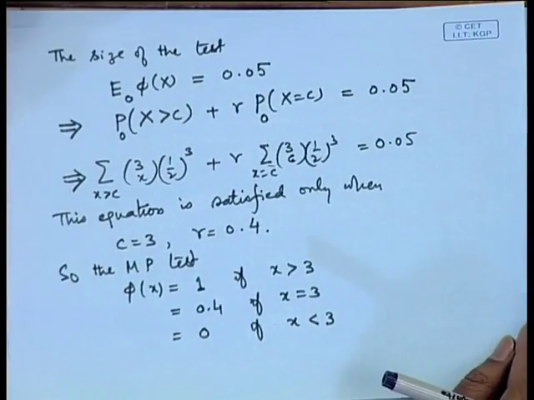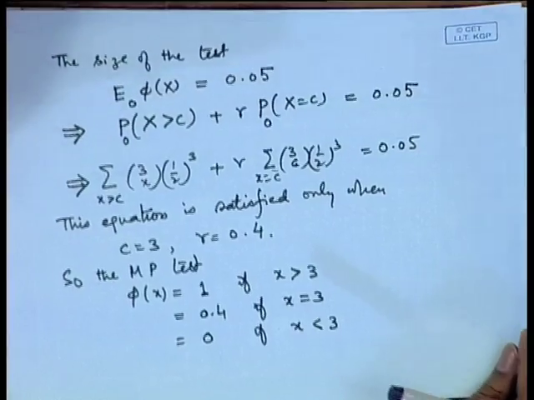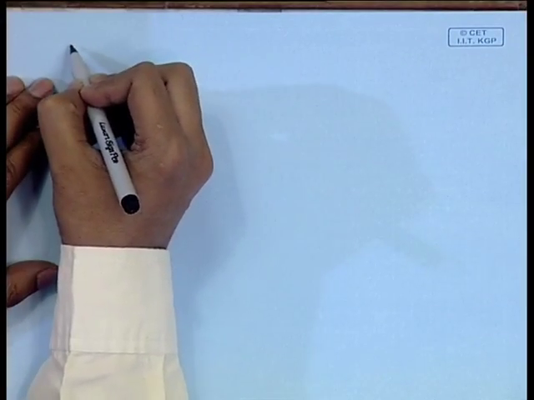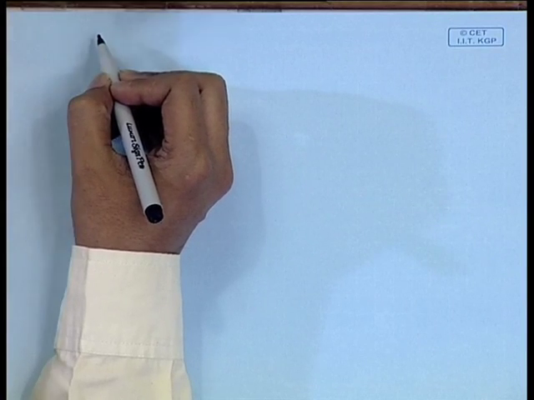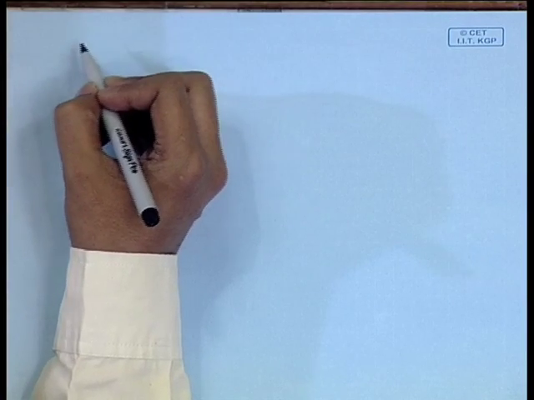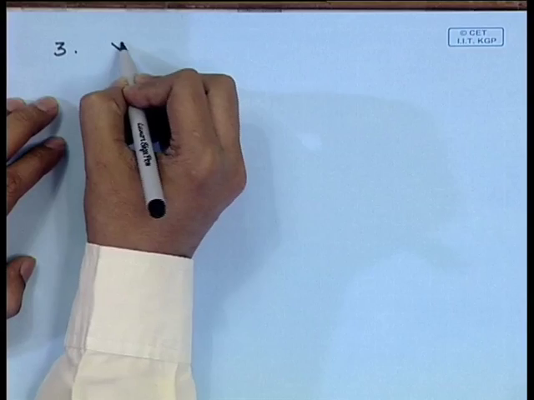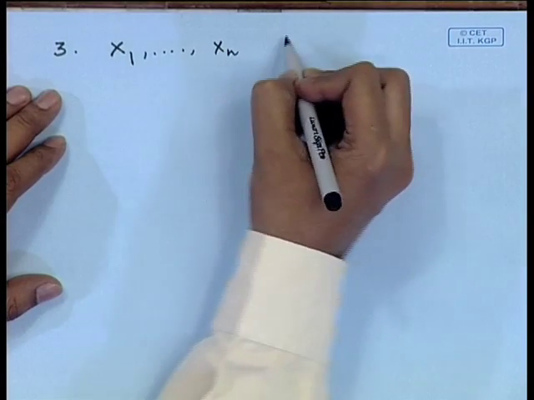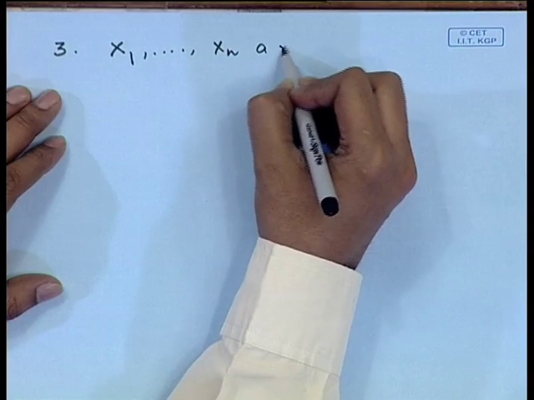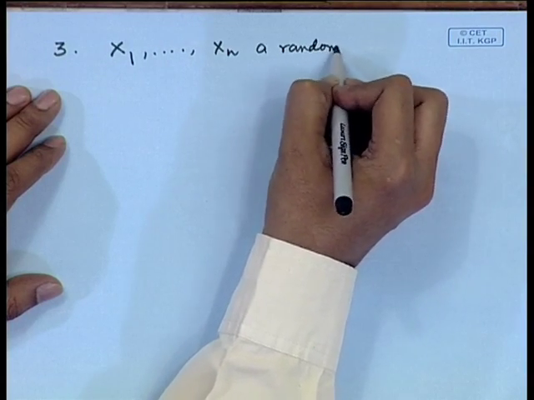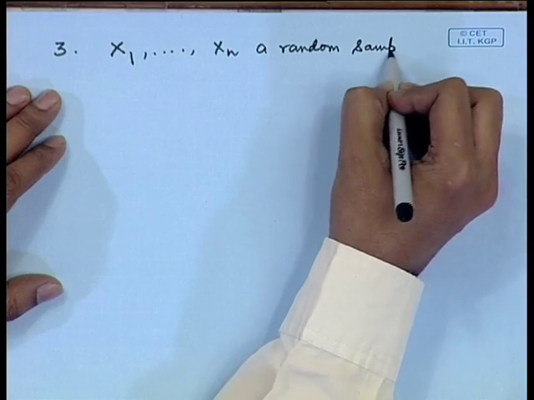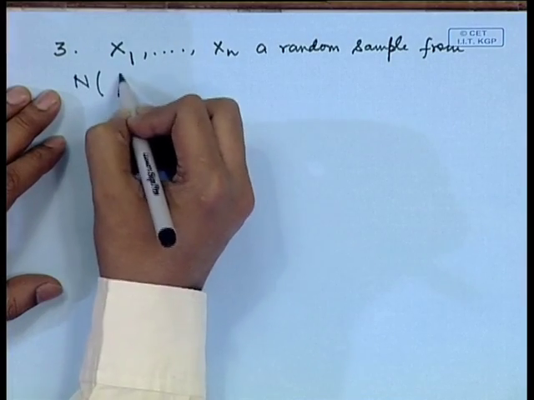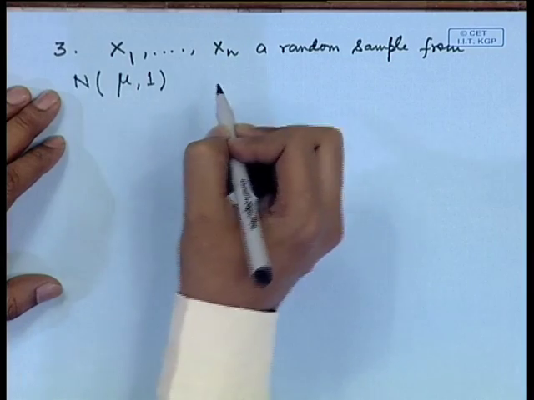Let us look at the applications to the normal distribution here. Consider say X 1, X 2, X n, a random sample from say normal distribution with mean mu and variance say unity.